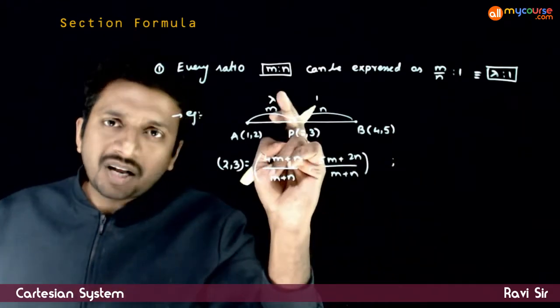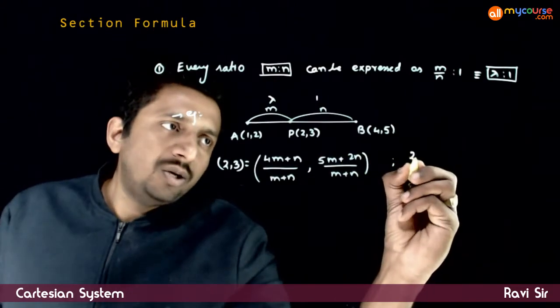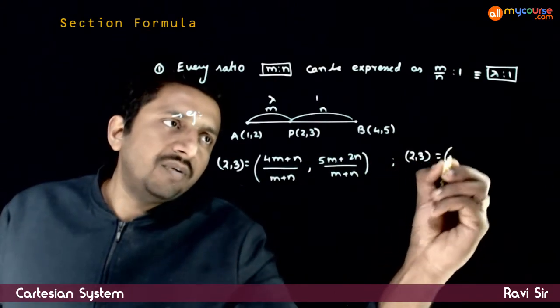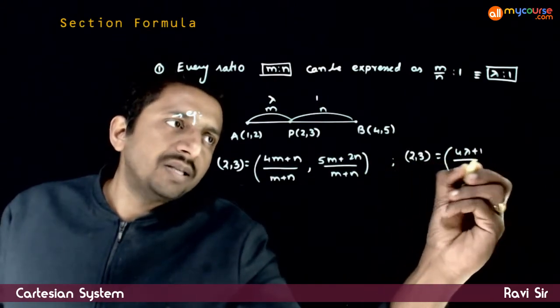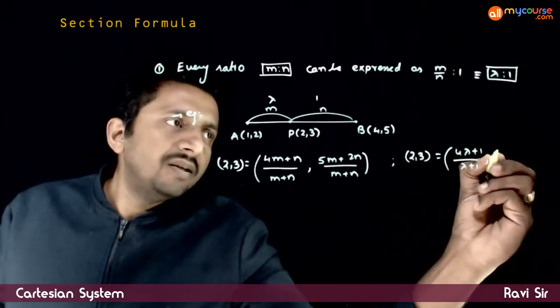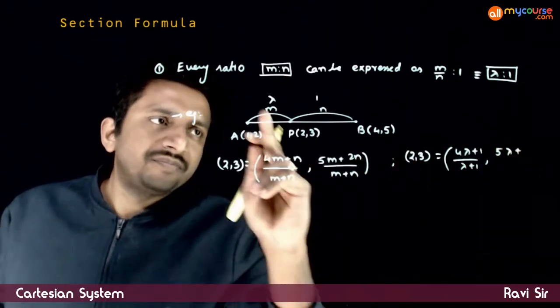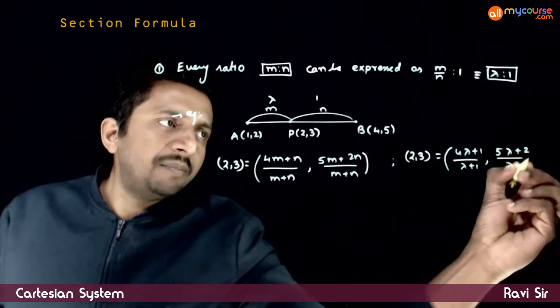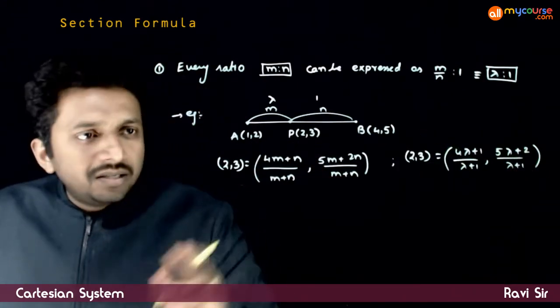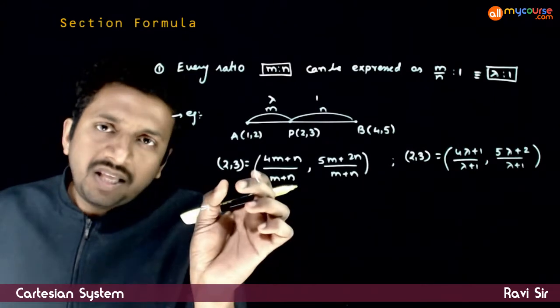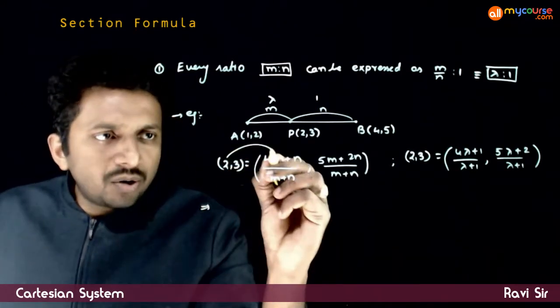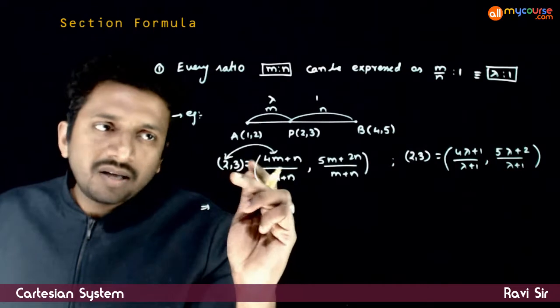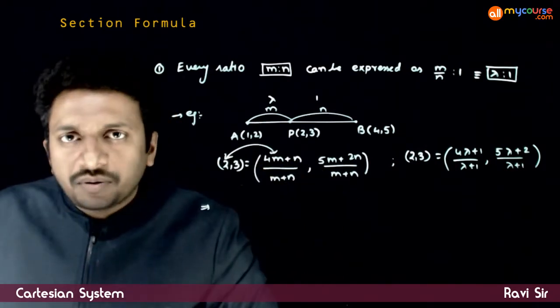If you assume that the ratio is λ:1, then (2, 3) equals ((4λ + 1)/(λ + 1), (5λ + 2)/(λ + 1)). If these two ordered pairs are equal, the x coordinate has to be equal to the x coordinate, and the y coordinate has to be equal to the y coordinate.